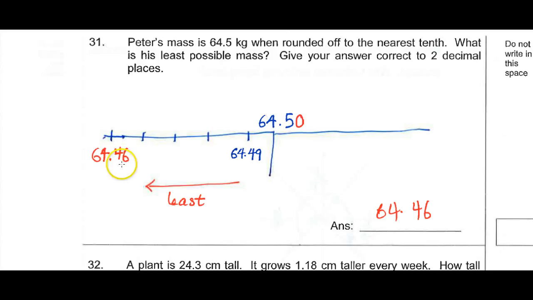The least possible should be 64.45. You got a slight mistake here. This one should be a 5, not 6. The least one is 64.45 rounded off here. Let's carry on.